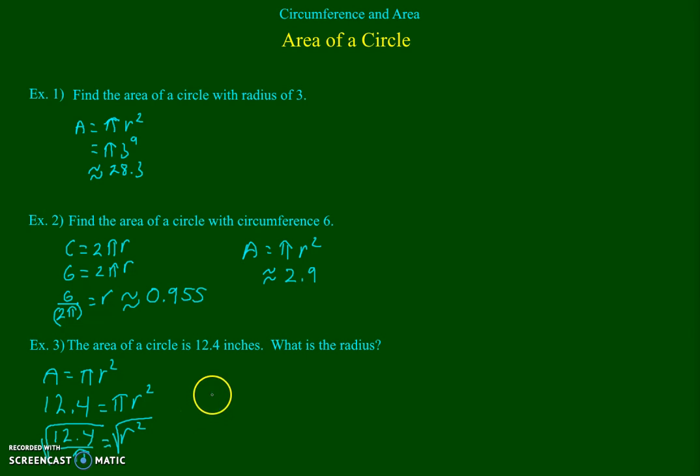And so therefore r is going to be approximately equal to this number, the square root of 12.4 divided by pi. And notice that I'm putting the calculation over here instead of doing intermediate results. That is, I'm not dividing 12.4 by pi and then writing that down and then taking the square root of that number. I don't want to do that because I don't want to lose precision.